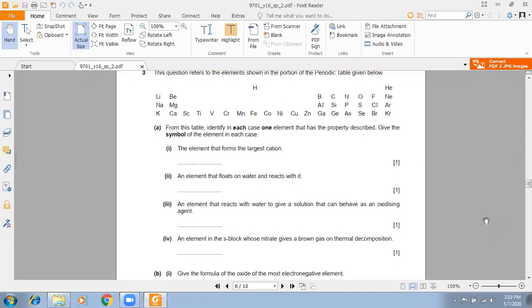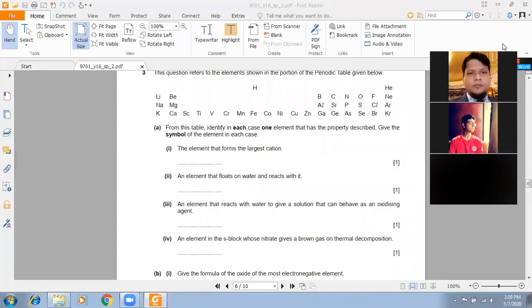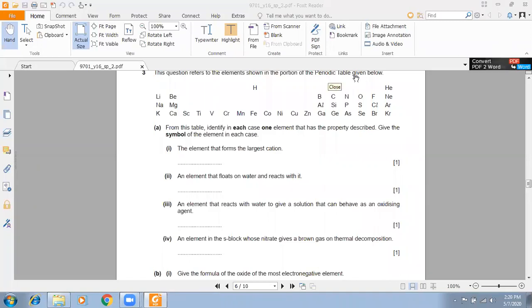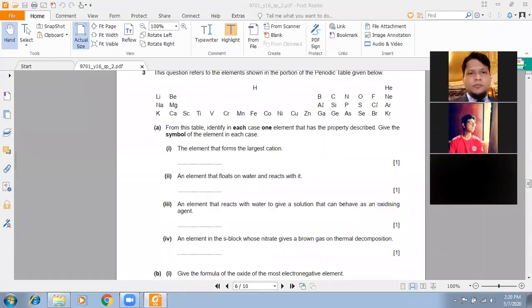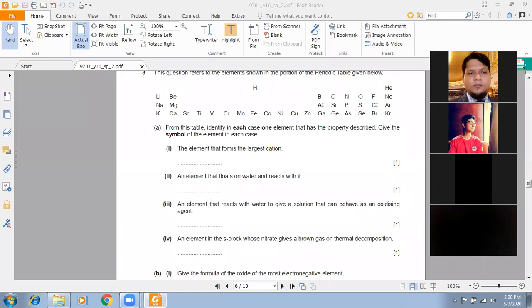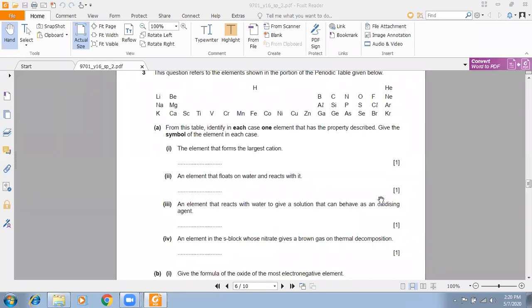On the other hand, if you think about chlorine, for example, chlorine can also react with water. When chlorine reacts with water, what happens? We get hydrochloric acid and hypochlorous acid. We get these two substances.